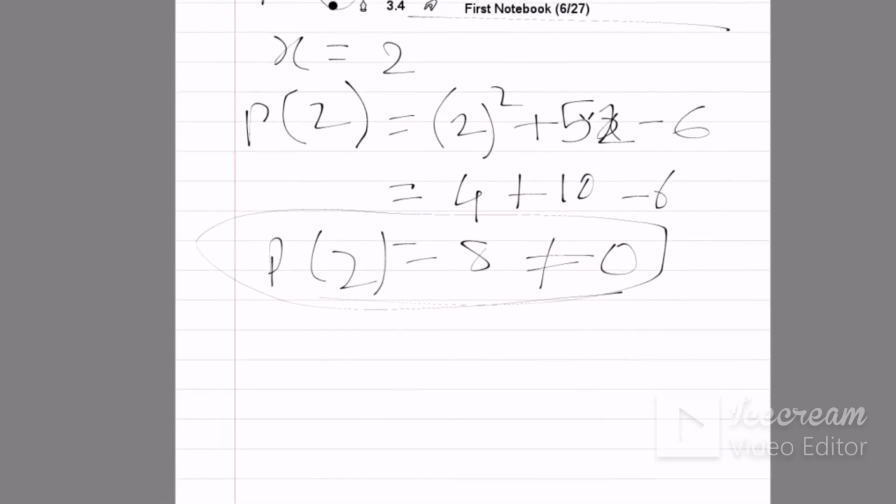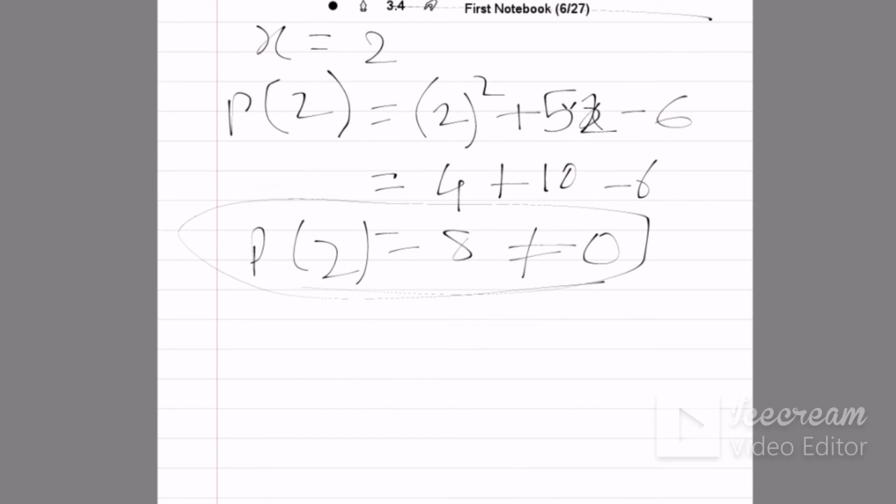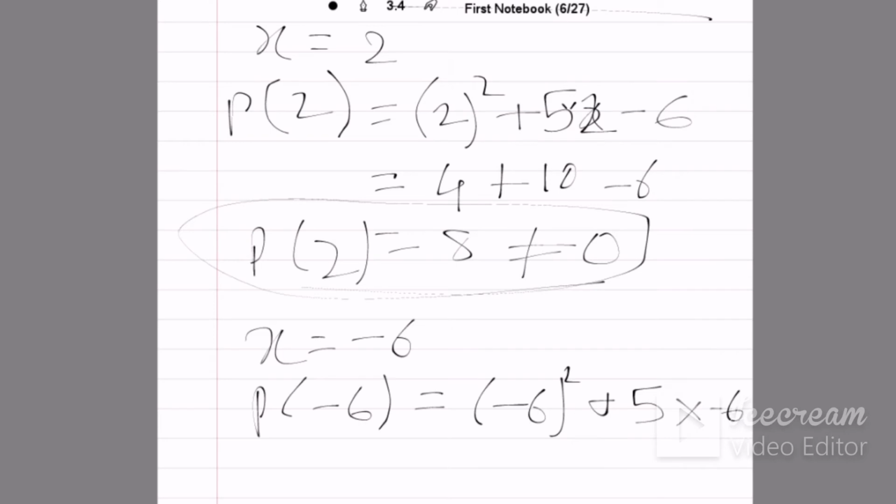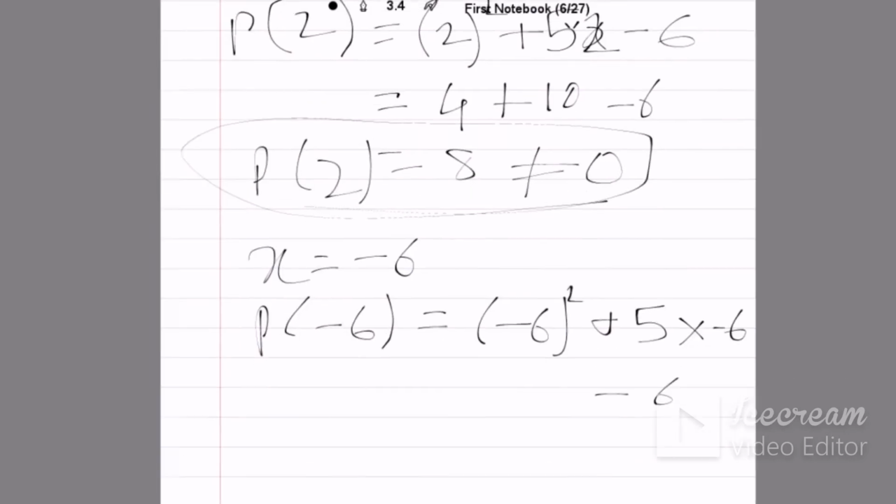So let's check the other point, that is, let's substitute x is equal to minus 6. So p of minus 6 is equal to minus 6 square plus 5 into minus 6 minus 6. What do we get as the value?